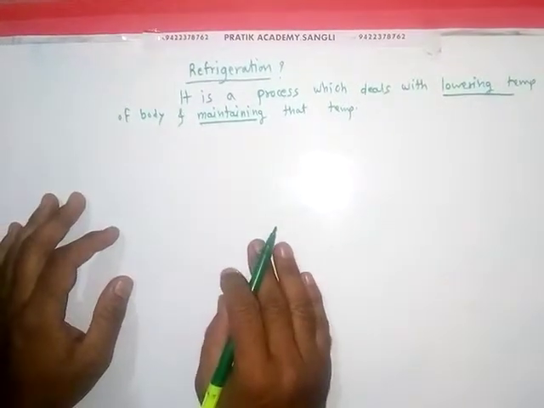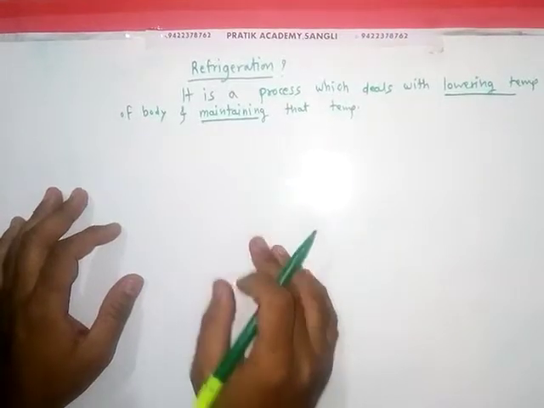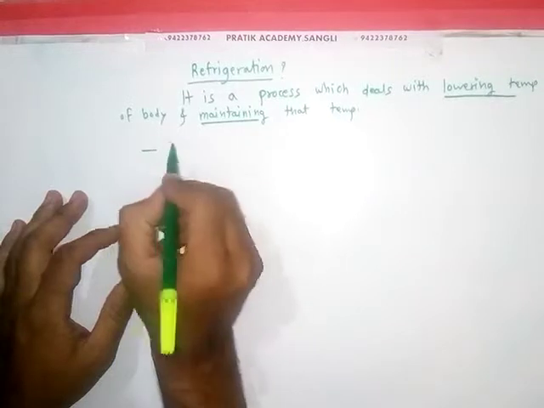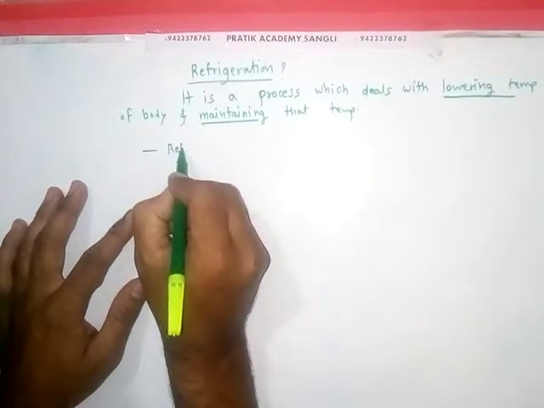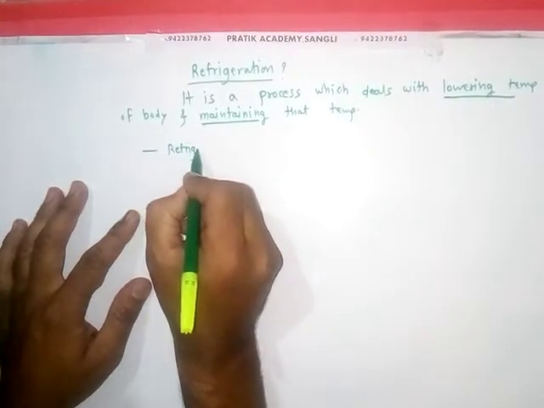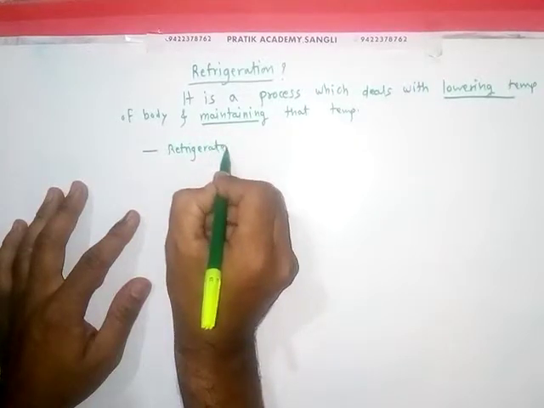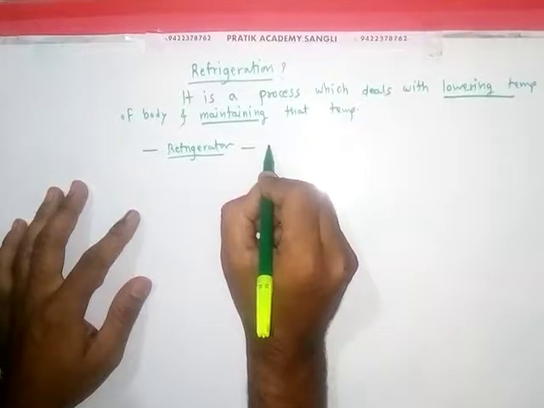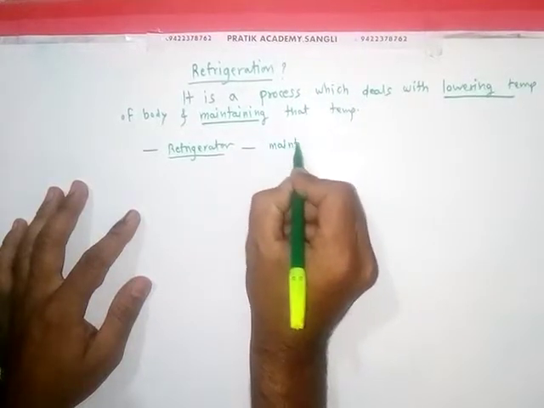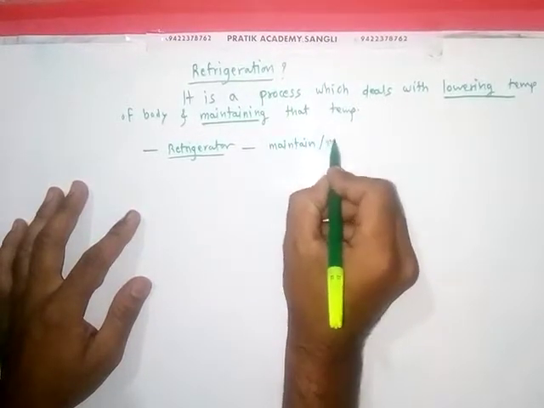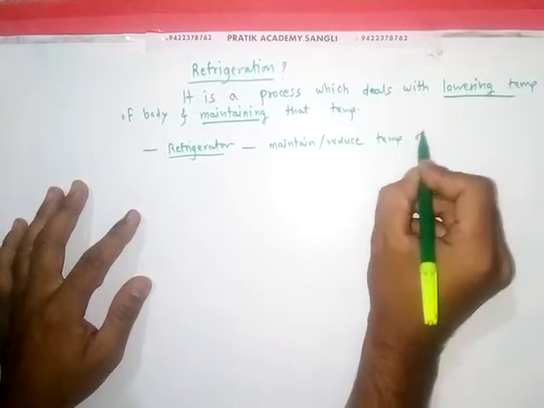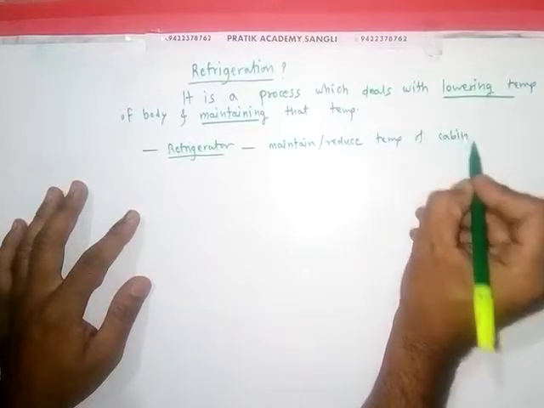Then we require one device to lower this temperature. The device which is used for this purpose is called a refrigerator. A refrigerator is a device used to maintain or reduce the temperature of a cabin.